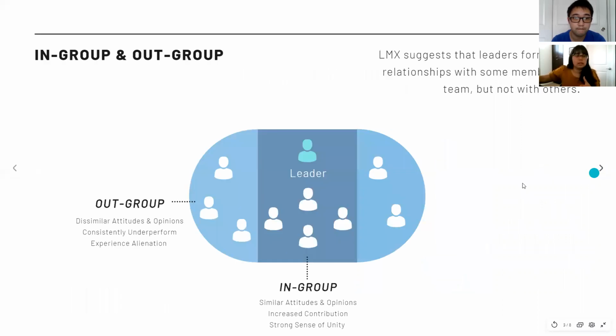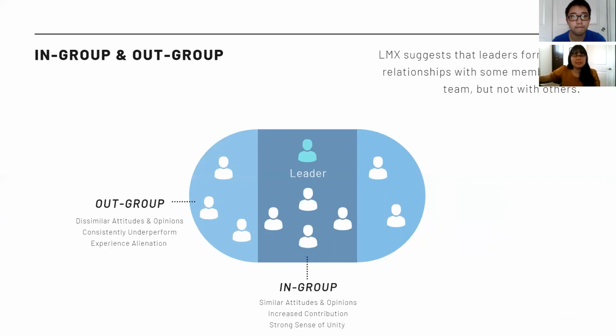Because of that, two types of groups often arise, subconsciously or even consciously: the in-group, which is the middle part here, and the out-group. Members become part of the in-group or out-group based on how well they work with their leader or how well the leader works with them.